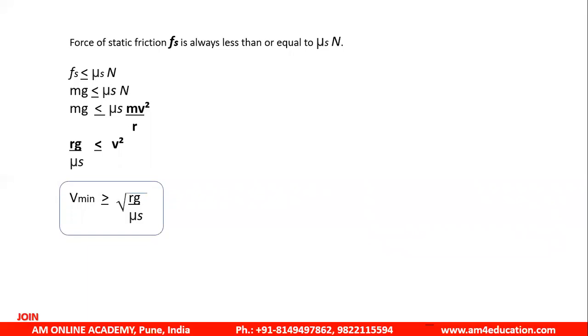There are cars and two-wheelers also. Irrespective of whether it is a car or a bike, this expression gives the minimum speed. I hope the application of both topics is clear.